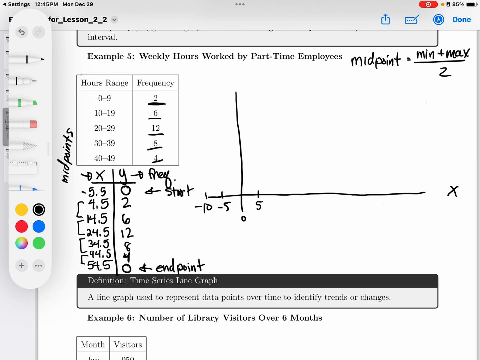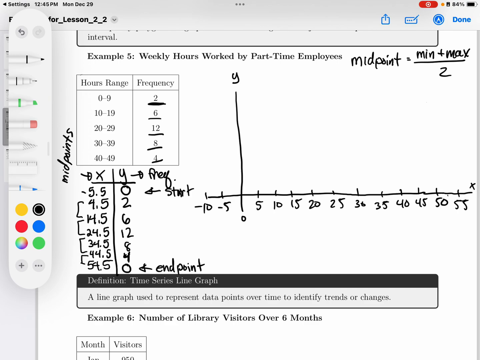And then I'm going to go 5, 10, 15, 20, 25, 30, 35, 40, 45, 50, and I did not leave myself enough room. Let me extend a little bit more. 55. So here's my x.